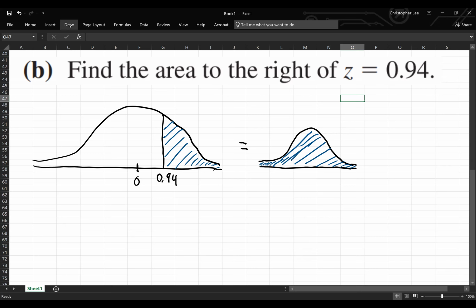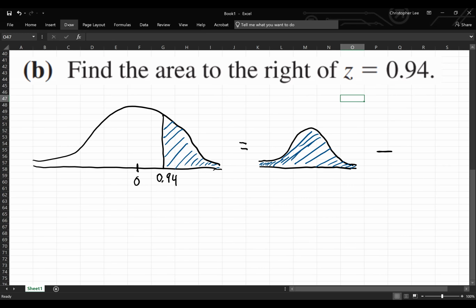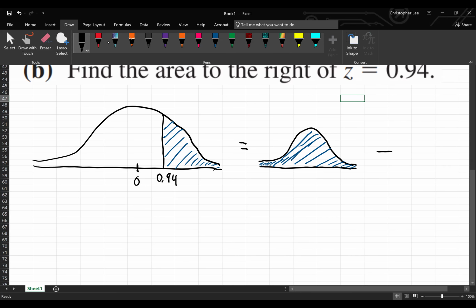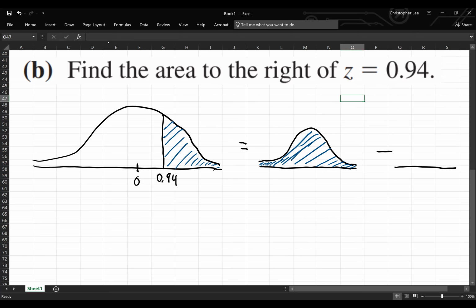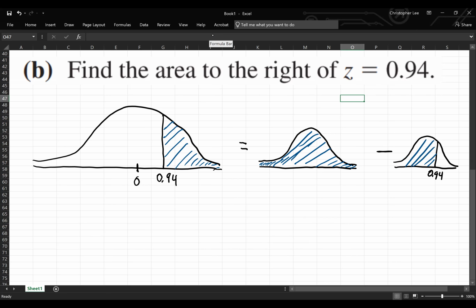So I'm going to take the whole thing, and I'm going to subtract from it the less than 0.94, so this area here. And then the answer that I'm going to get is going to be the final answer.